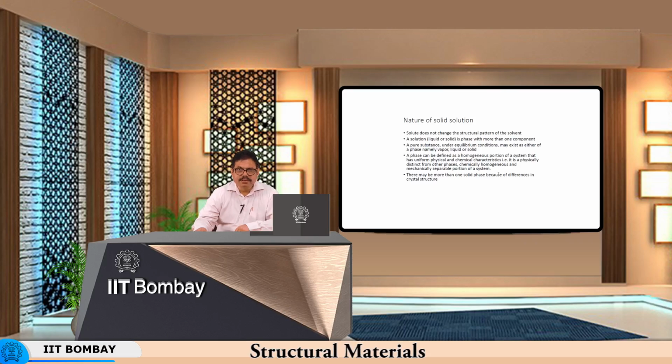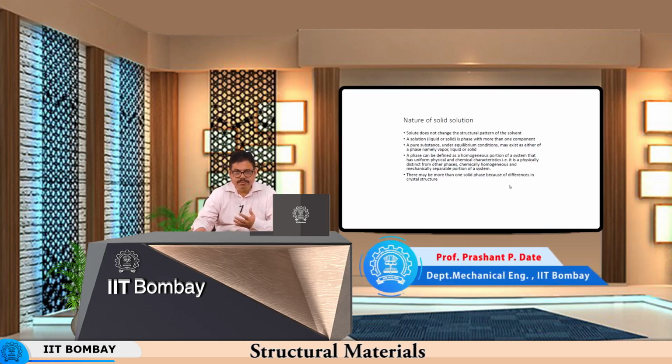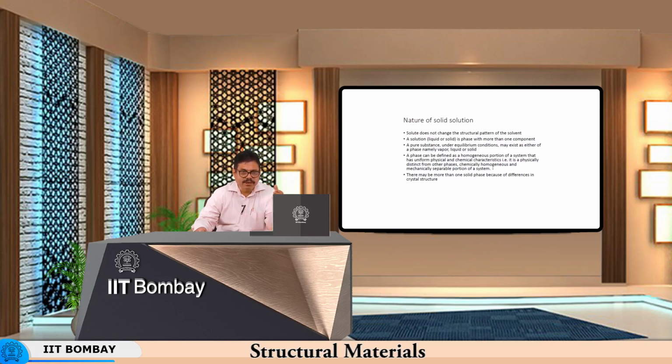So, we have so far seen the nature of solid solution with regard to alloys and phases. Each alloy has different phases. An alloy can be a single phase or in multiple phases, where a phase is defined as a homogeneous portion of a system that has uniform physical and chemical characteristics, which means that the phase can have different chemical composition, different mechanical properties.